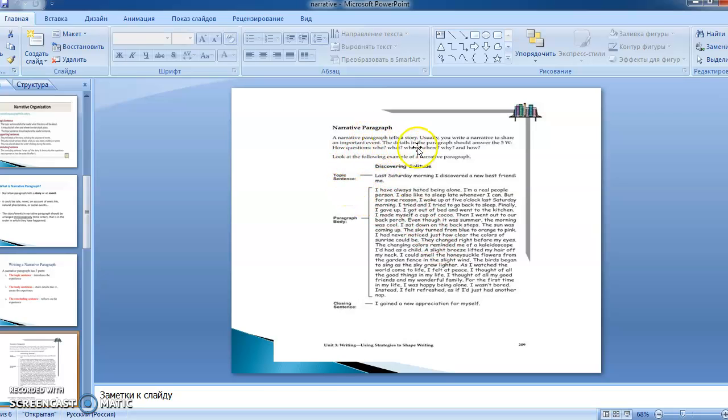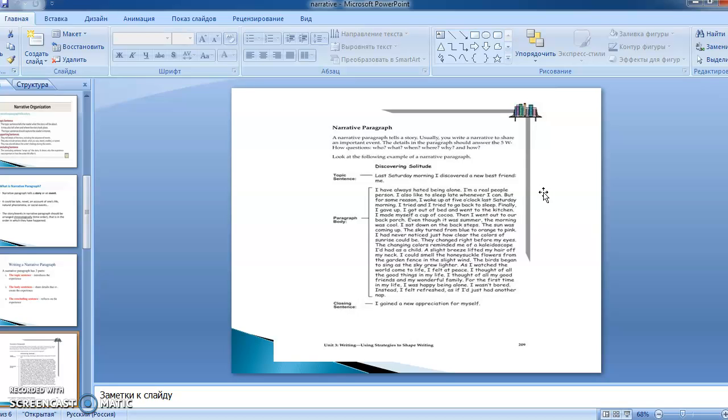A narrative paragraph tells a story. Usually you write a narrative to share an important event. The details in the paragraph should answer the following questions: who, what, when, where, why, and how. Look at the following example of a narrative paragraph.